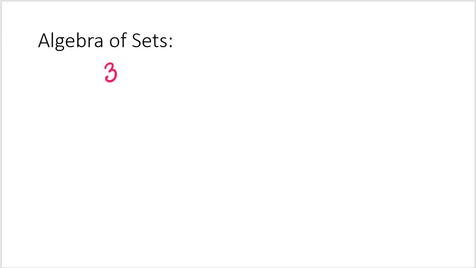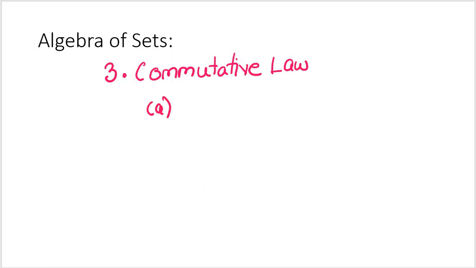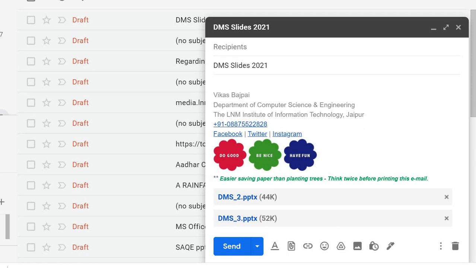So once again you might have got an idea that there will be another law of algebra of sets that would be dealing with your commutative law, the one which is dealing with the commutative nature. That means if I have two sets such that we have A union B, this will be equal to B union A, and it makes sense as well, right?